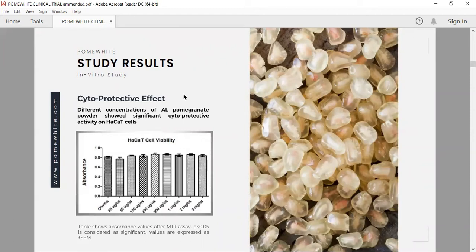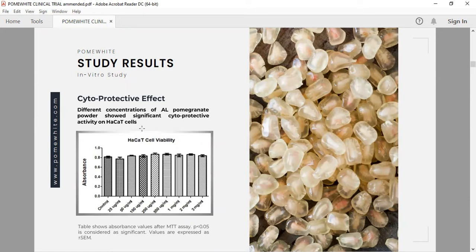prebiotic content. Okay, so here come the results of the cytoprotective effects. I have already told you that we use HaCaT cells. HaCaT cells are basically skin keratinocytes, and they are in a culture form.